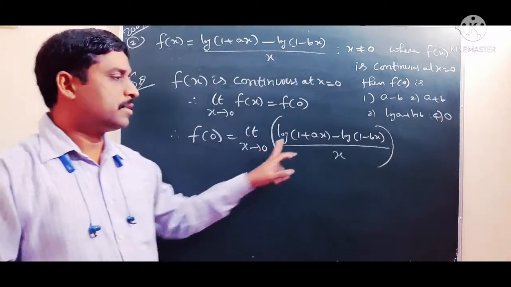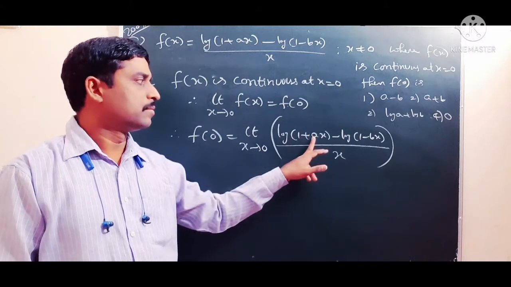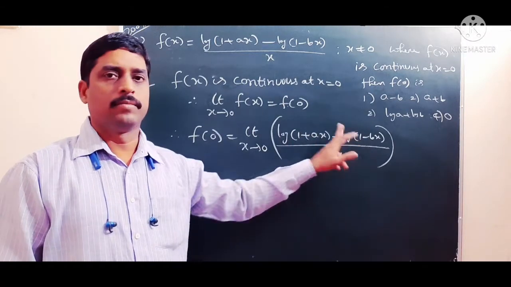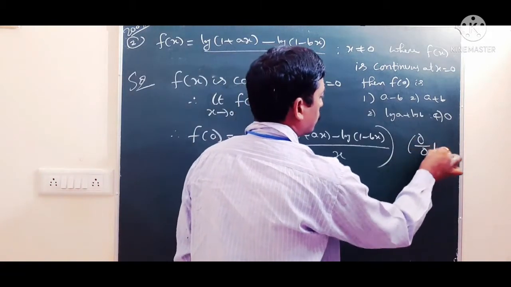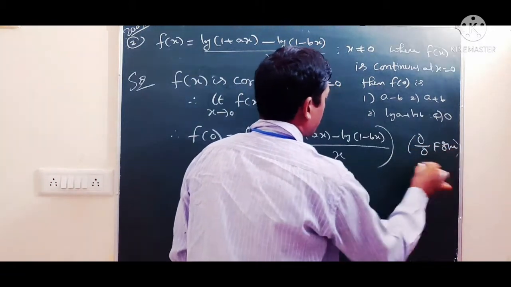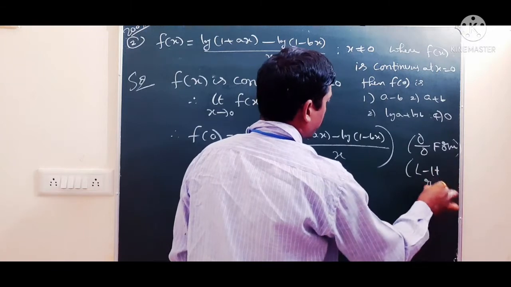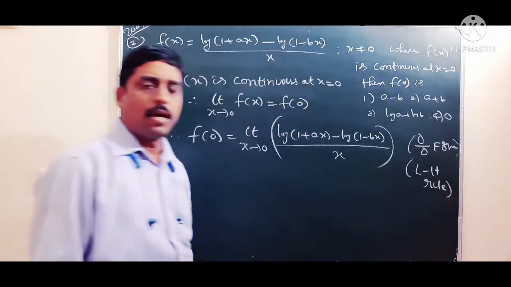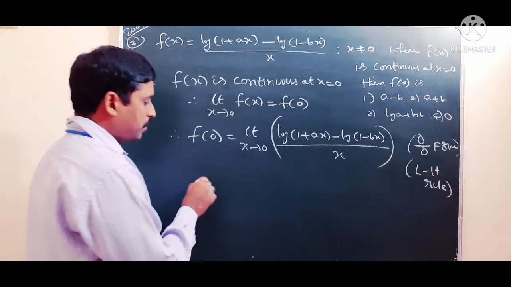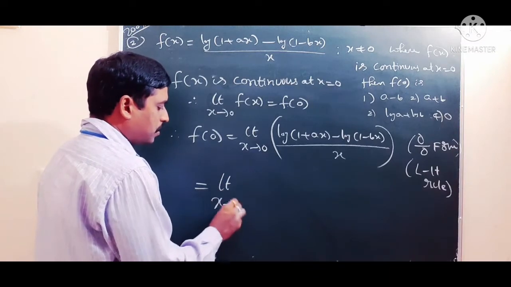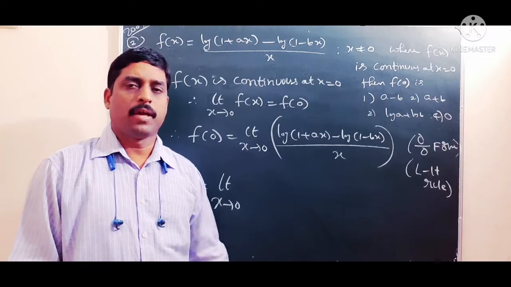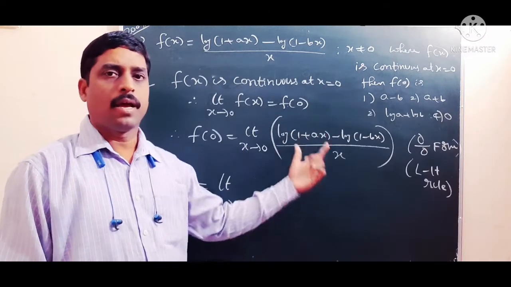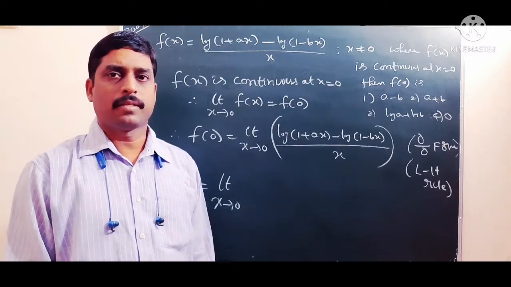Put x equal to 0: log 1 minus log 1 gives 0 by 0 form. So by using L'Hopital rule, limit x tends to 0. What is the L'Hopital rule? We apply derivative on numerator as well as denominator at the same time.